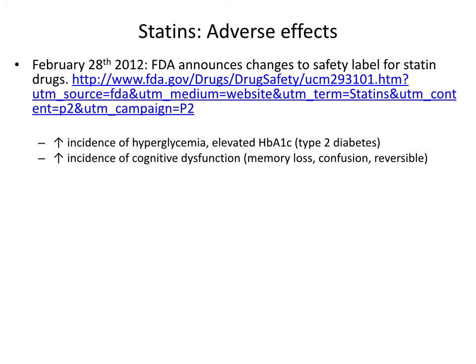So this was very controversial: how do we manage diabetics when we know this? There is also an increased incidence of cognitive dysfunction, which is also troubling given that many people who take these drugs are older. Okay?